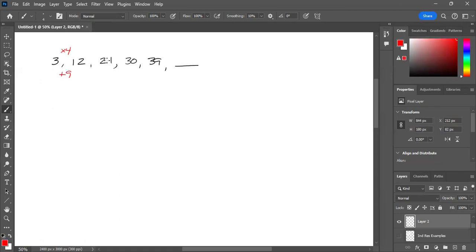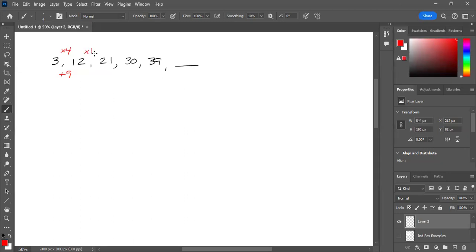Now from 12 to 21, well, what do I have to multiply by? I've got a calculator here. It's not a nice round number. So I'm thinking multiplication is not what I want, but let's try it. I take 21 divided by 12, and it gives me 1.75.